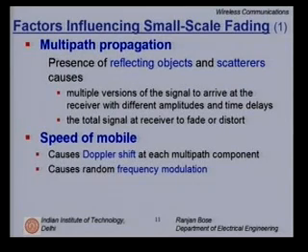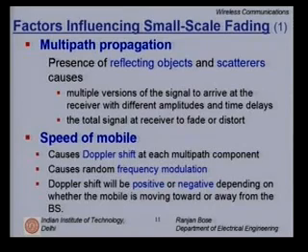So speed of mobile causes random frequency modulation. In fact, when standards are finalized, then different kinds of data rates are prescribed for different speeds of the mobile. When you travel too fast, you cannot have too high a data rate. There are various other factors also, but fading is one of the primary problems.